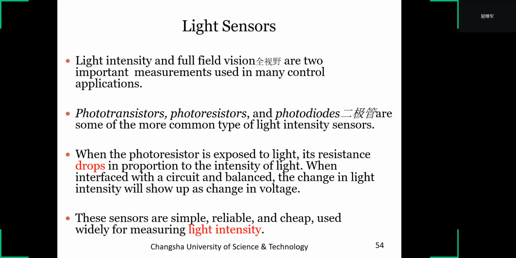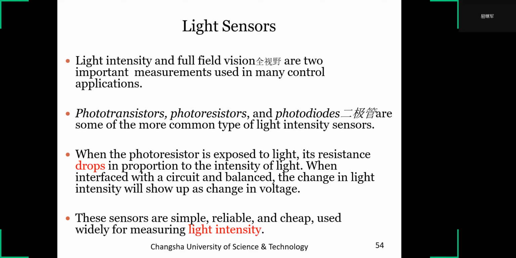Phototransistors, photoresistors, and photodiodes are some of the more common types of light intensity sensors.